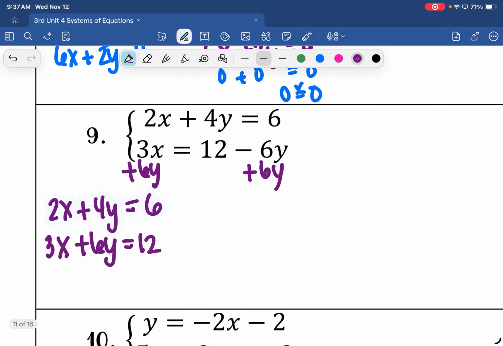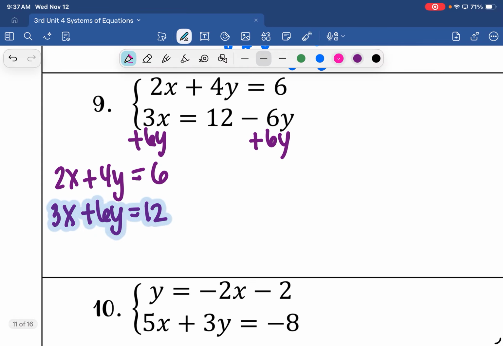From here, what do I need to do? Multiply by 3. Okay, what do I need to multiply what by? The first one by 3, the second one by 2. Because that will force the x's to match.